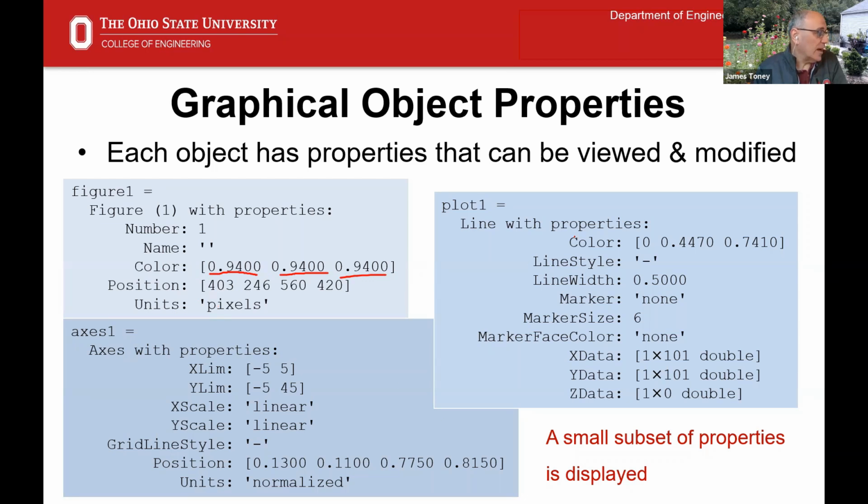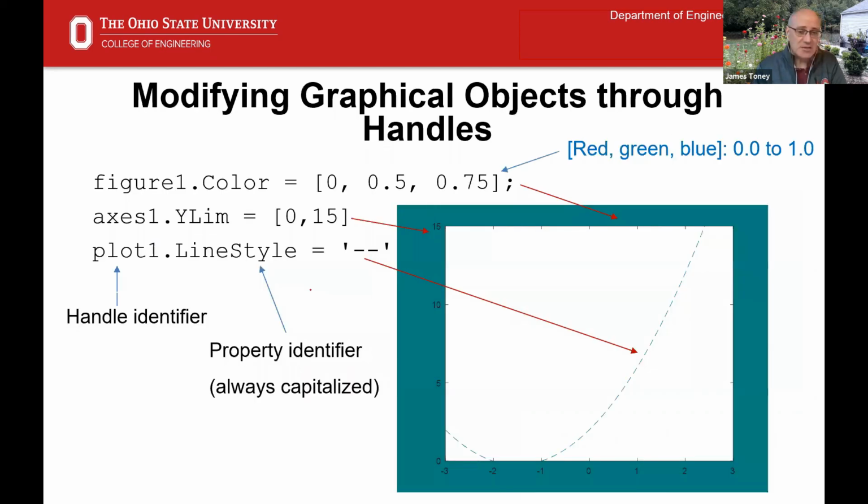And similarly with a plot, you'll see the properties like the background color again, the line style, line width, is there a marker, marker size, and so forth. And with the axes, you can see the X and Y limits, whether it's a linear or logarithmic scale, and so forth. So not only can you interrogate, view the properties of a graphical object using these handles, you can also change them.